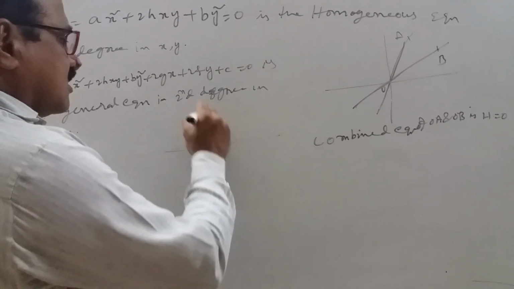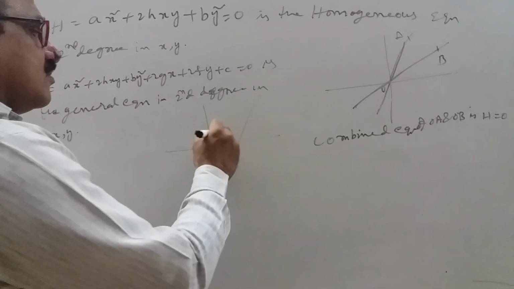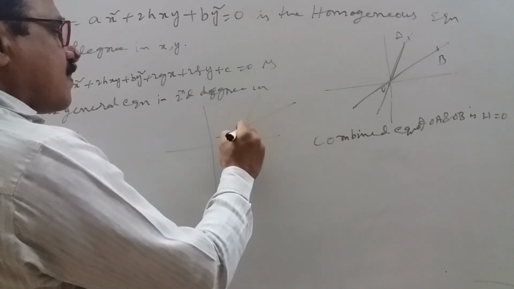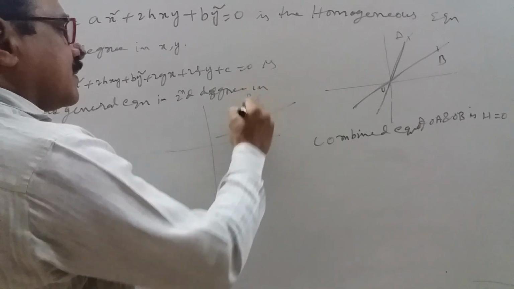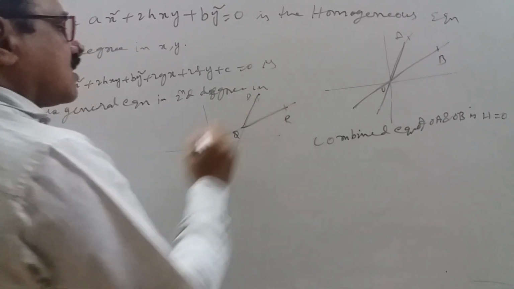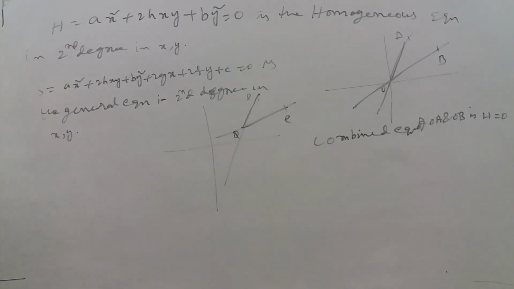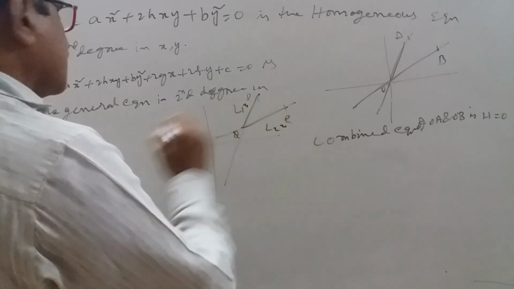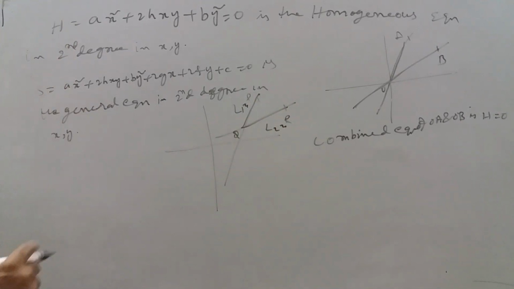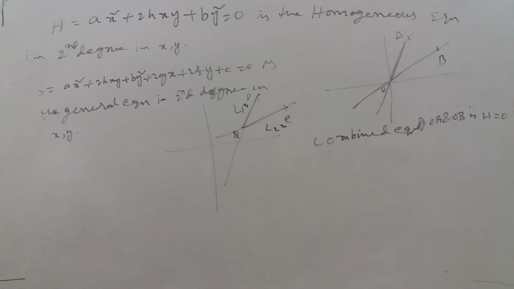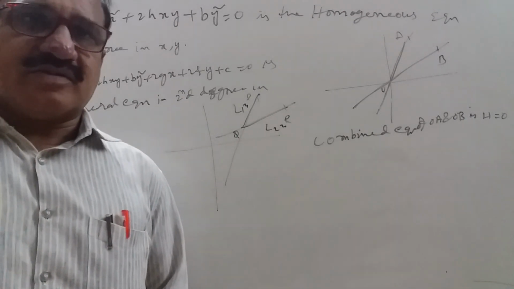That means these are like this. Let P, Q, R. Then S is the combined equation of L1 is equal to 0 and L2 is equal to 0. The combined equation of S is L1 into L2 is equal to 0. Here OA into OB is equal to 0. In that way we have to discuss further.